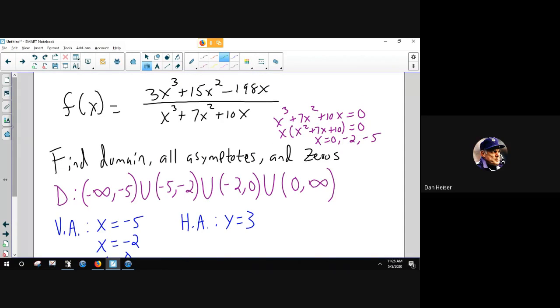And we do that by setting the numerator equal to 0. We can factor out a term of 3x. That should be 198. It's 198. Which that is 66, I believe. If I did that correctly. 3 times 8.